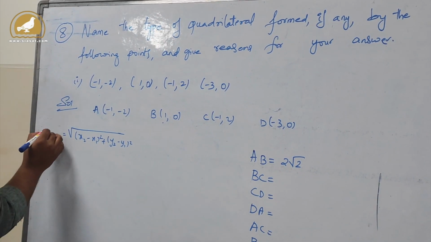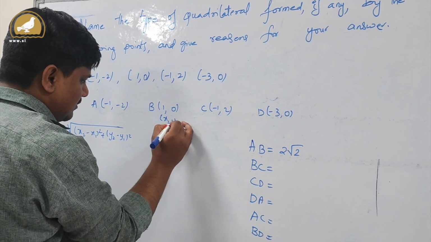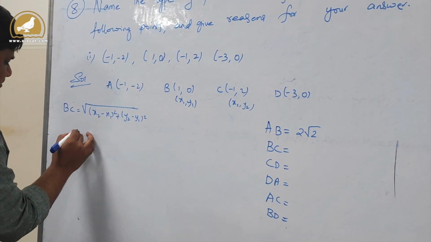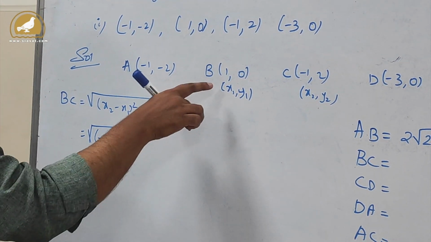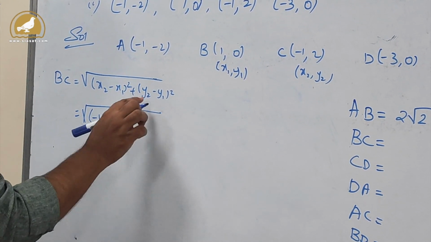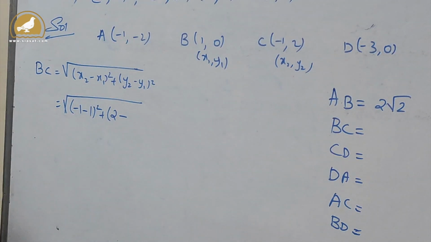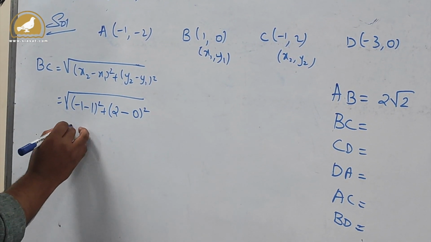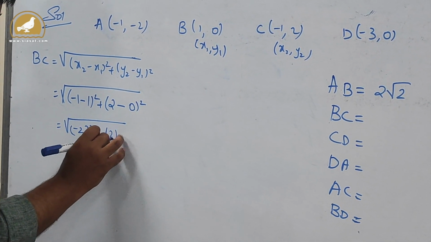Next, the value of BC. When we are calculating B and C, B will become x1, y1 and C will become x2, y2. If we substitute here, the value of x2 is -1, the value of x1 is 1, so -1 minus 1, which is -2 square. The value of y2 is 2 and the value of y1 is 0, so 2 square.